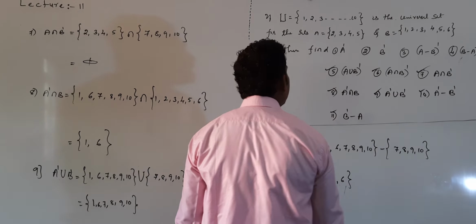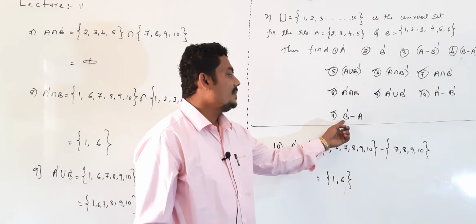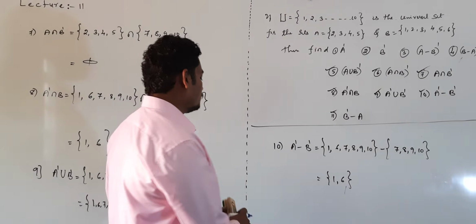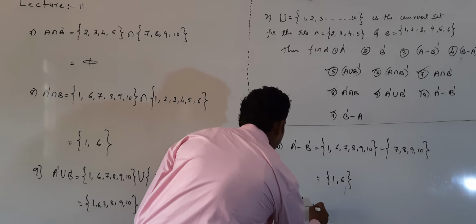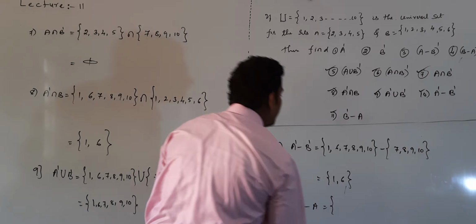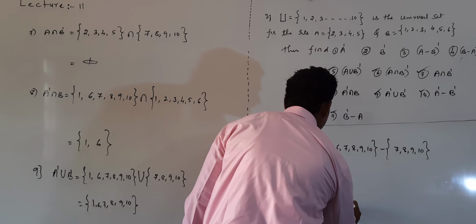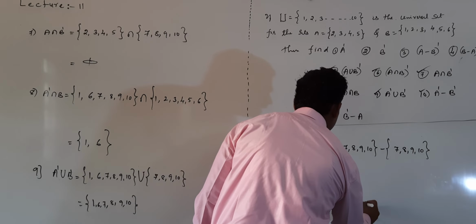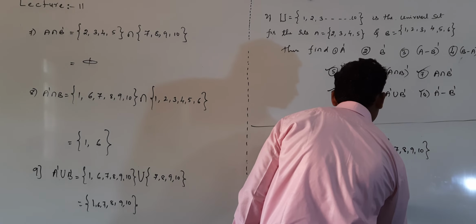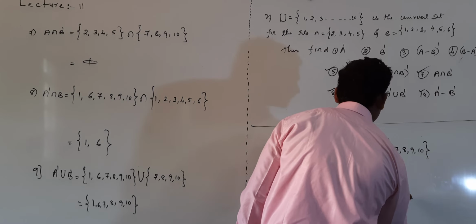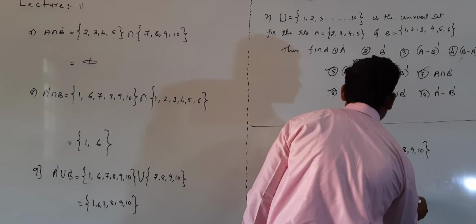Next, B complement minus A. B complement minus A, that's equal to, what is our B complement? B complement is 7, 8, 9, 10 minus set A, which is 1, 2, 3, 4, 5.